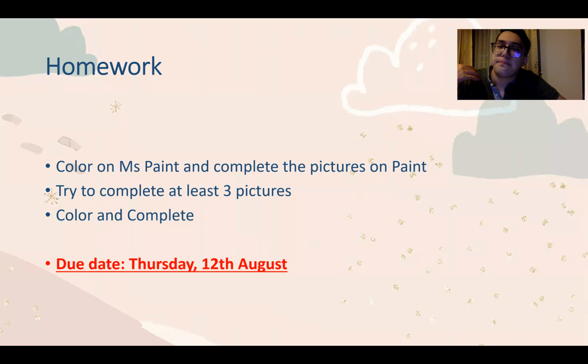You can try to be creative. Think about it. How do you like it? Do you want it big, small, black, white, pink, red, all right? Any color you like. And the due date is Thursday, 12th of August, all right? Please do not be late, all right? Try to send it on time.